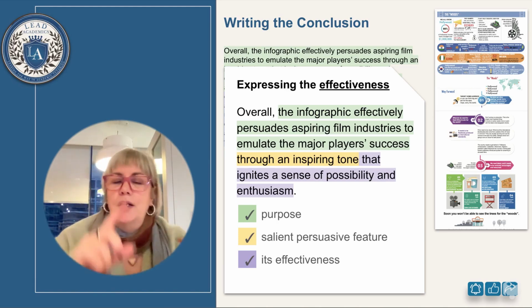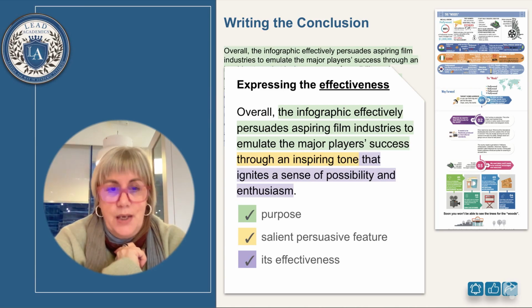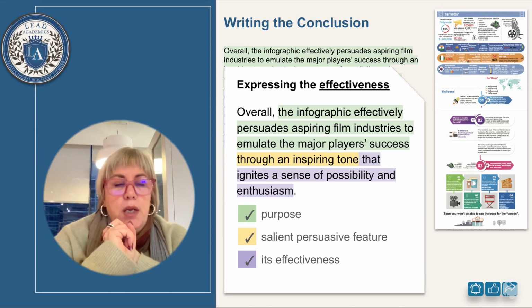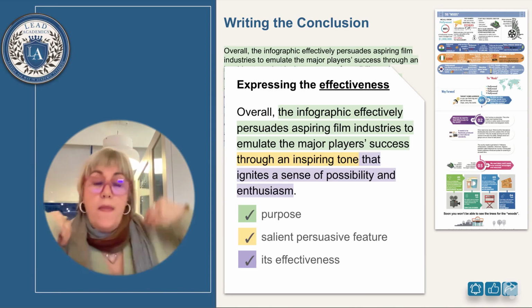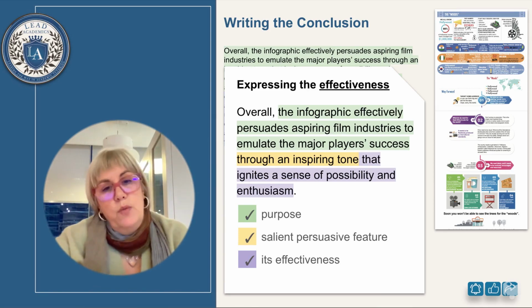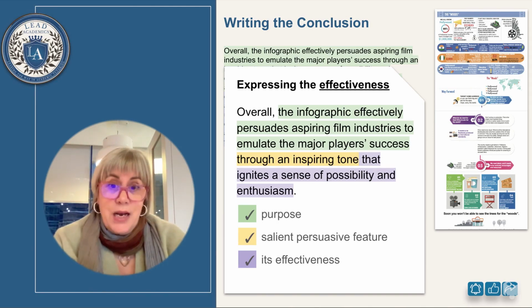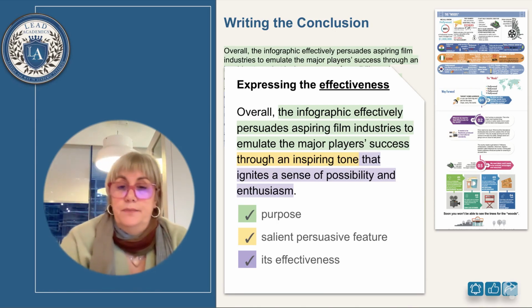Remember, our thesis had tone and it also had engaging icons and symbols and graphics. So here we want that salient persuasive feature, the one that we mentioned in our thesis. And we want to state its effectiveness, that it ignites a sense of possibility and enthusiasm. That's how you write the conclusion. You focus on your thesis.